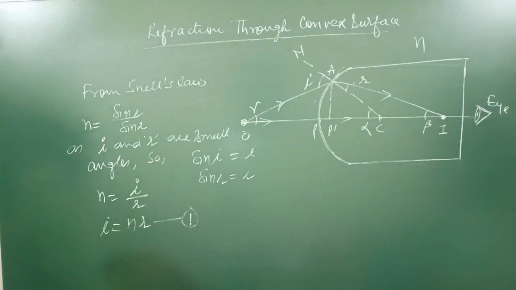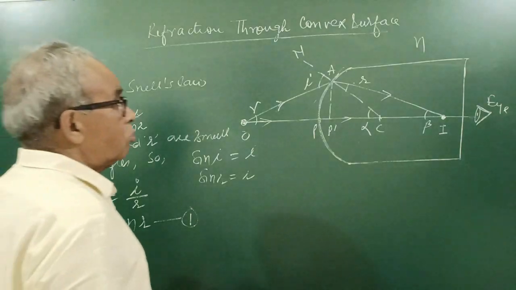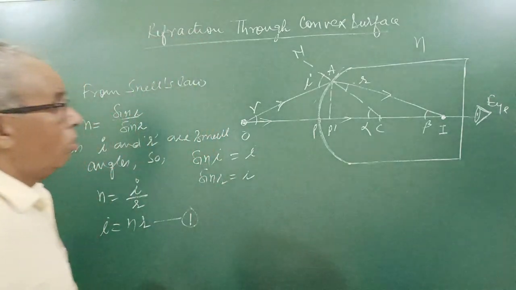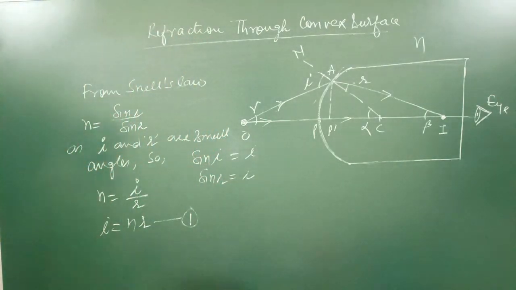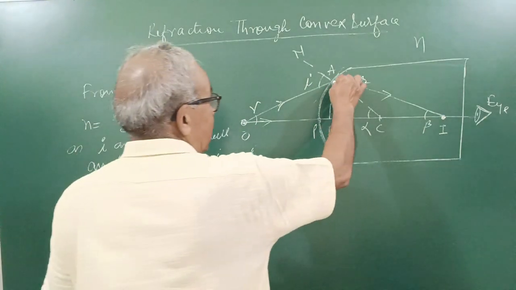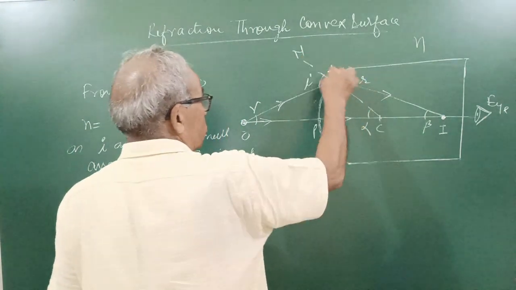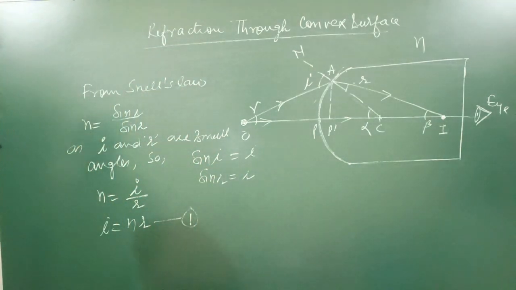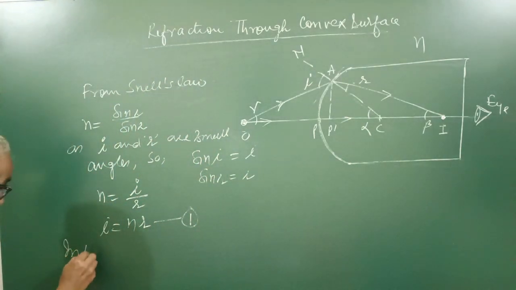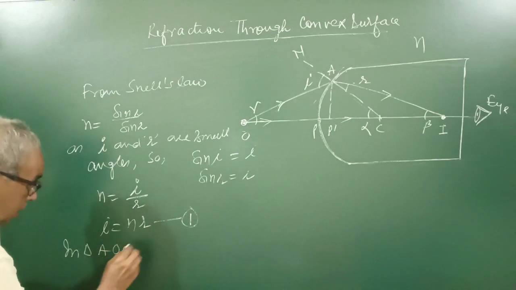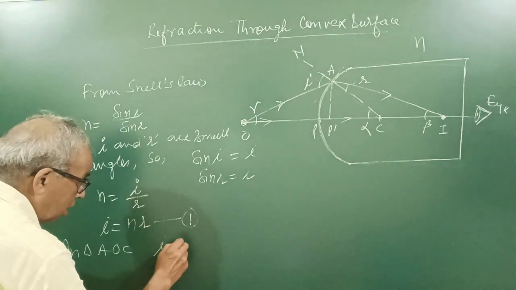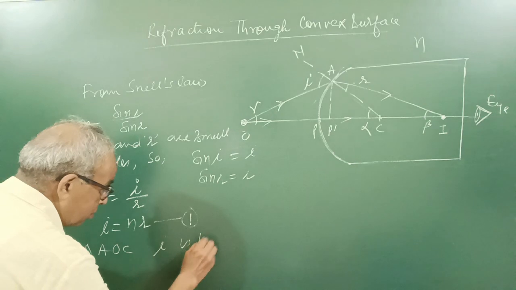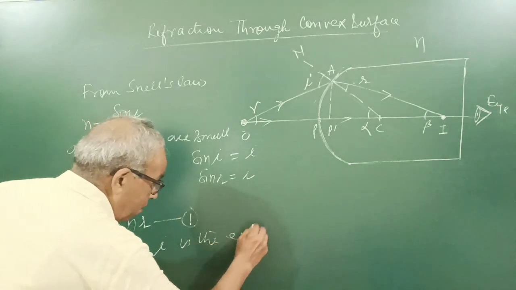Now i and r are small. From the figure, there is triangle AOC. In triangle AOC, i is the exterior angle.